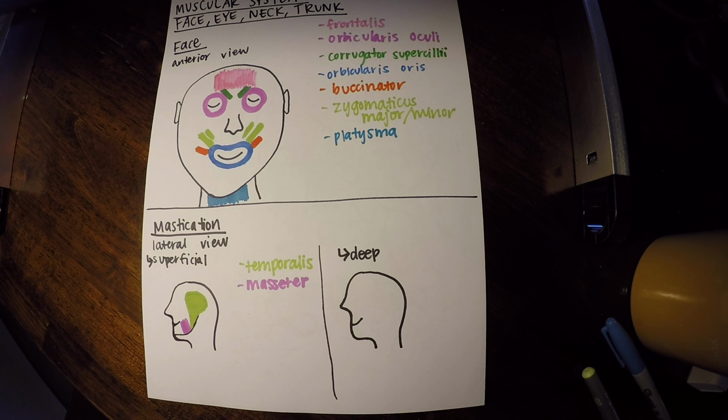Alrighty, so for these deep muscles, the two that I want you to know are called lateral and medial pterygoid. Do you remember that term from when we learned about the sphenoid bone and the skeletal system? It's the exact same term, and actually the lateral pterygoid muscle attaches to that lateral part on the sphenoid bone, and same with the medial pterygoid. So that's how we can associate those two terms together.